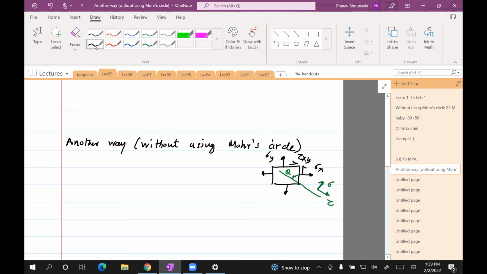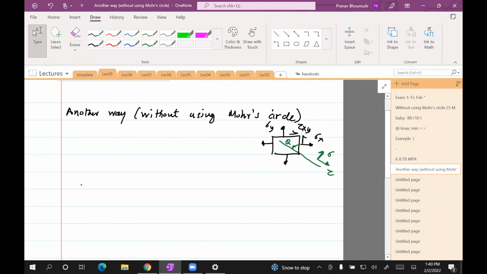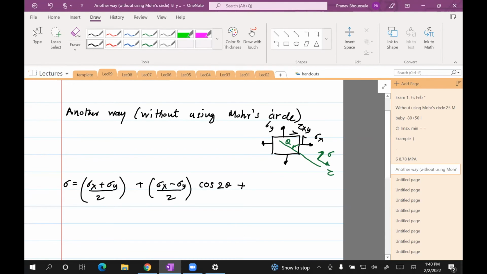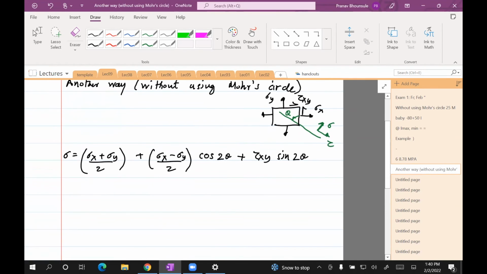So the formula for sigma is as follows: sigma x plus sigma y divided by 2, plus sigma x minus sigma y divided by 2 cosine of 2 theta, plus tau xy sine 2 theta.